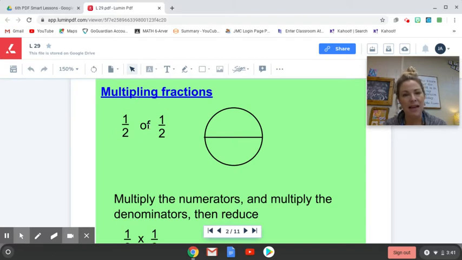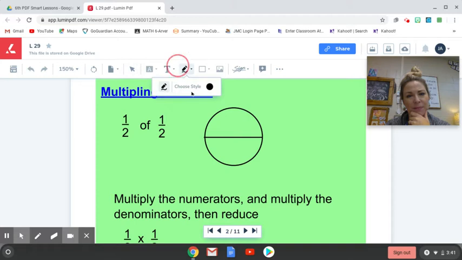So if we were to take 1/2 of 1/2, or 1/2 times 1/2, just to give you a visual, we would be taking half of this circle and cutting that in half. So without actually doing any math on paper, you can see that by taking 1/2 of 1/2, we end up with 1/4. 1/2 times 1/2 is going to give us 1/4.